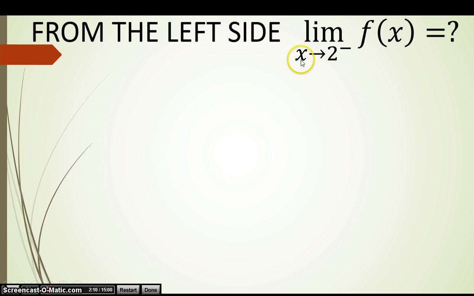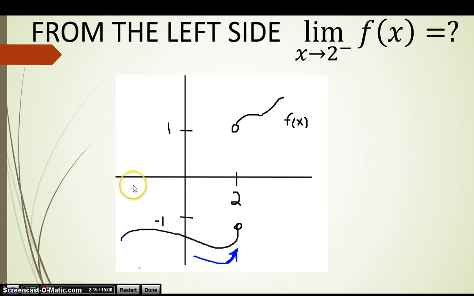Okay? From the left, like I just said, is negative, because picture that like a negative side. This is the negative side of your x-axis, so it's coming from the left. So x is approaching 2 from the left. What's the height? Well, it looks to me like the height is -1.